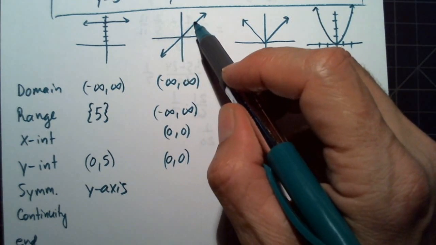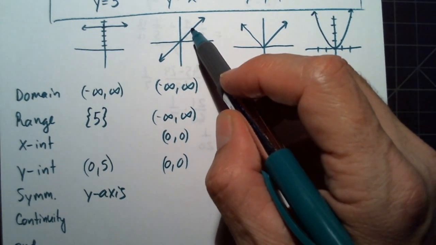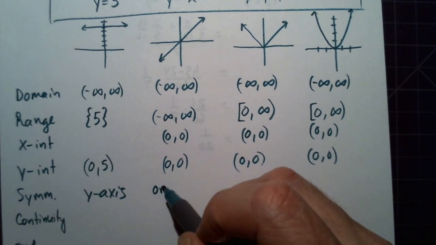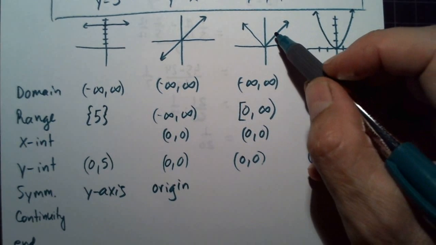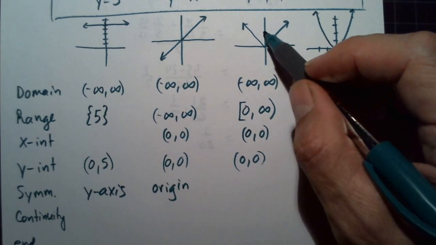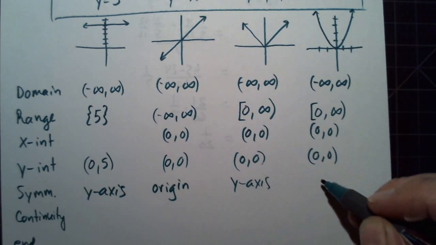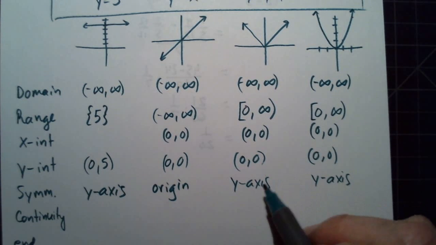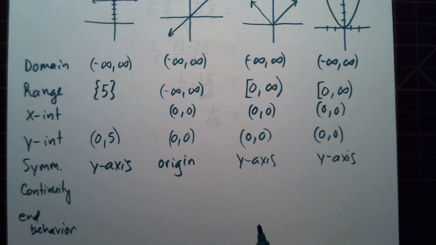Well, we don't have the same y value, but we do change both of them. Positive 1, positive 1, negative 1, negative 1. So that'll be symmetry to the origin. Here we can change the x, so that's symmetry to the y-axis, and y-axis symmetry here. Also, when we have symmetry to the y-axis, it's called an even function, if it is a function.